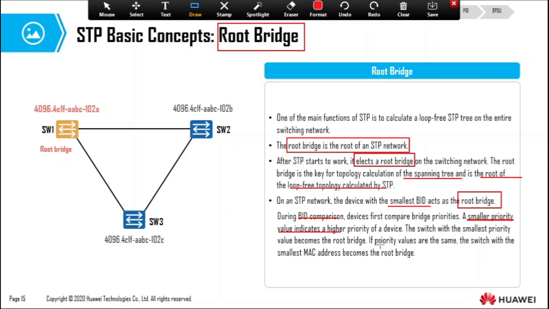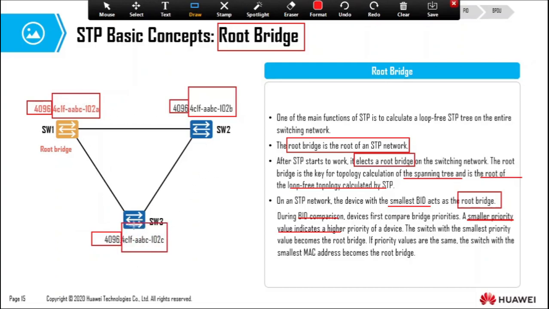Now, how the election of the root bridge works: it first compares the bridge priorities. Are we together? In this particular case, the bridge priorities are the same, right? So if the bridge priorities are the same, then they go ahead and compare the MAC address. Whoever has a smaller MAC address becomes the root bridge.